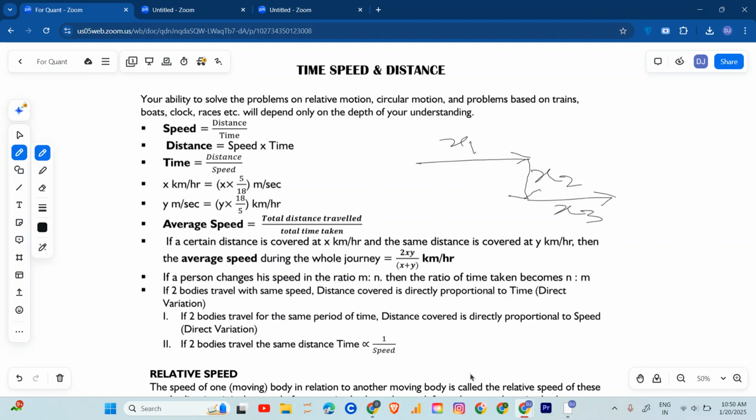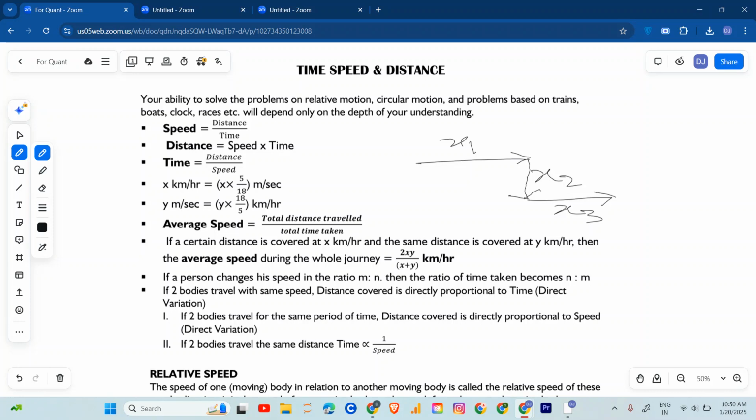Now we want to find out what will be the speed of the particle, of the car, at any point. If we see in this motion, we are dealing with constant speed motion. Constant speed motion means that we are going with the same speed.